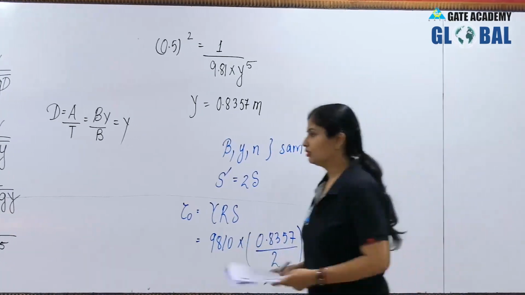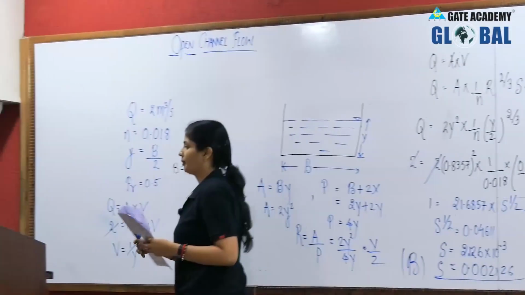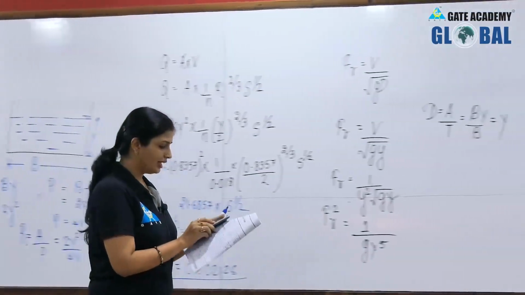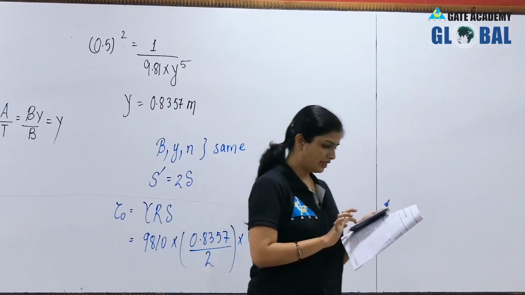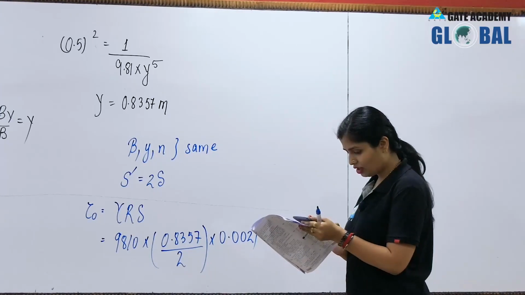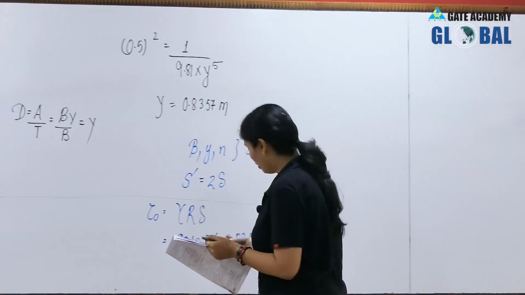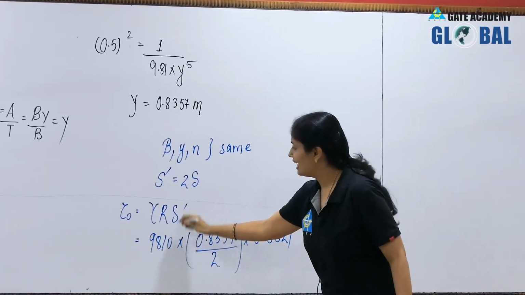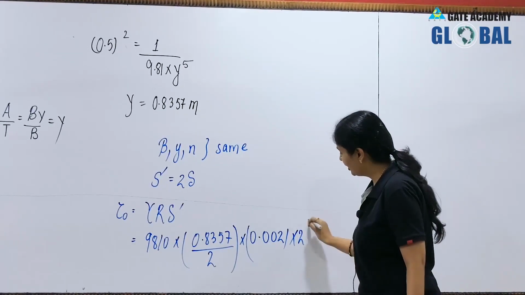Fine. So now we will calculate this 9810 into 0.8357 divided by 2 into 0.0021. Just a thing, I made a mistake. This is S dash. So it won't be this slope, it will be multiplied by 2.